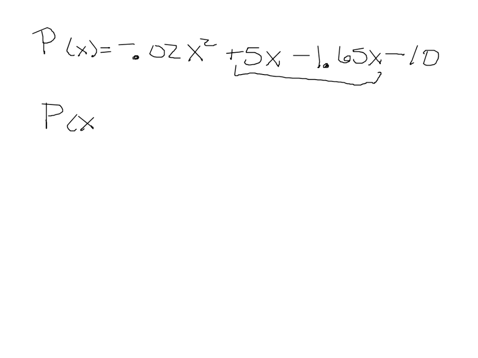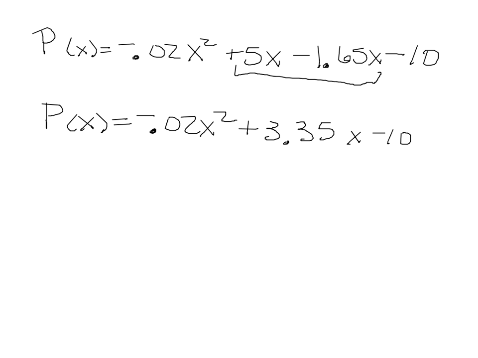We can combine those two terms to get minus 0.02x squared plus 3.35x minus 10.